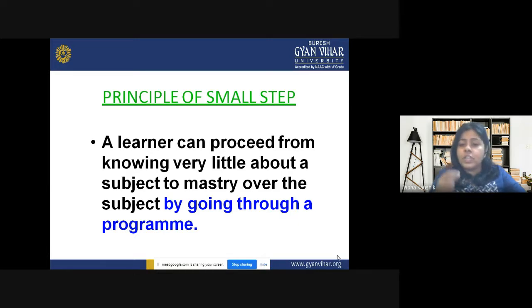The teacher will share small amounts of information to the learners, and with gaining the knowledge on the small frames, on the small steps, the student will master the same subject.